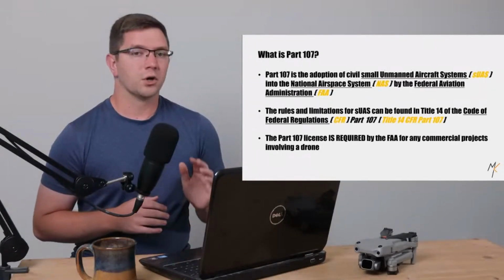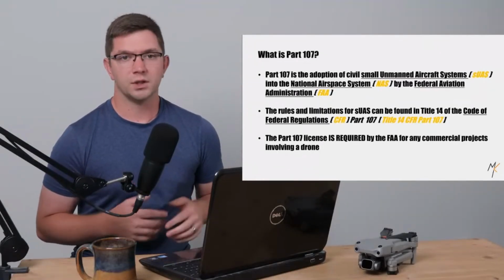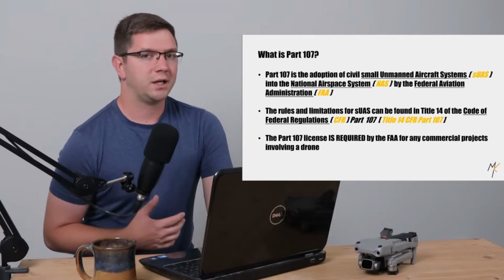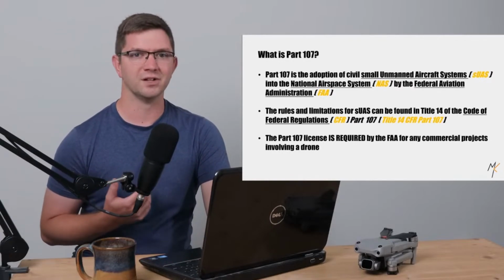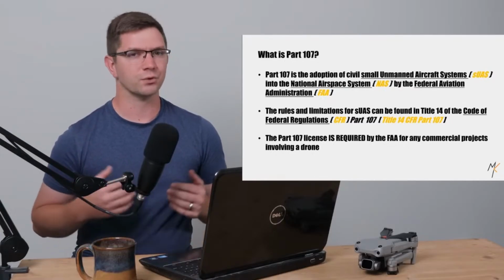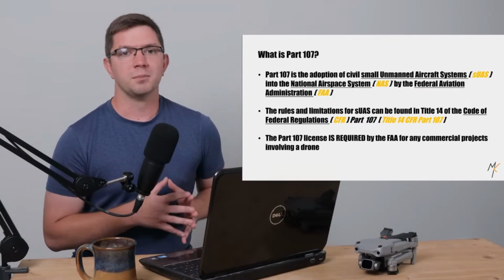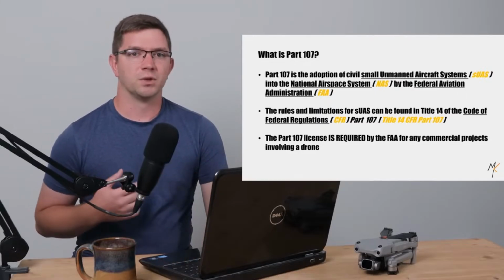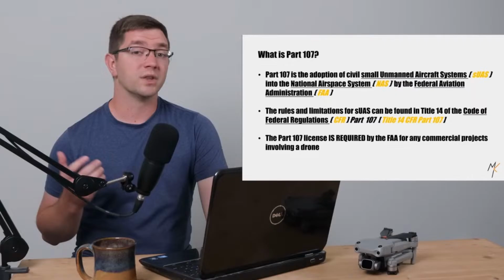So, if you're currently flying your drone for a profit without a Part 107 license, you can get yourself in trouble with the FAA. Online, the penalties can be $250,000 in fines or even jail time for 3 years. They're very severe penalties, but ultimately it's just up to the FAA to decide what they're going to do with you if you're caught without a license.